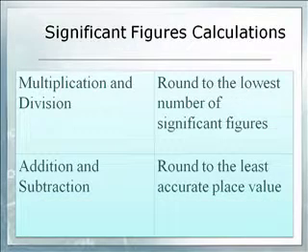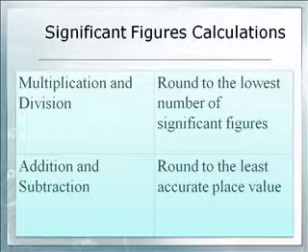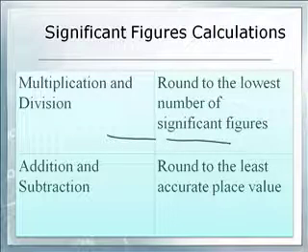For multiplication and division, round to the lowest number of significant figures. For addition and subtraction, round to the least accurate place value, or decimal place. Make sure you've written these down, and we'll do some examples. These are the key rules that we're going to use to solve these problems.